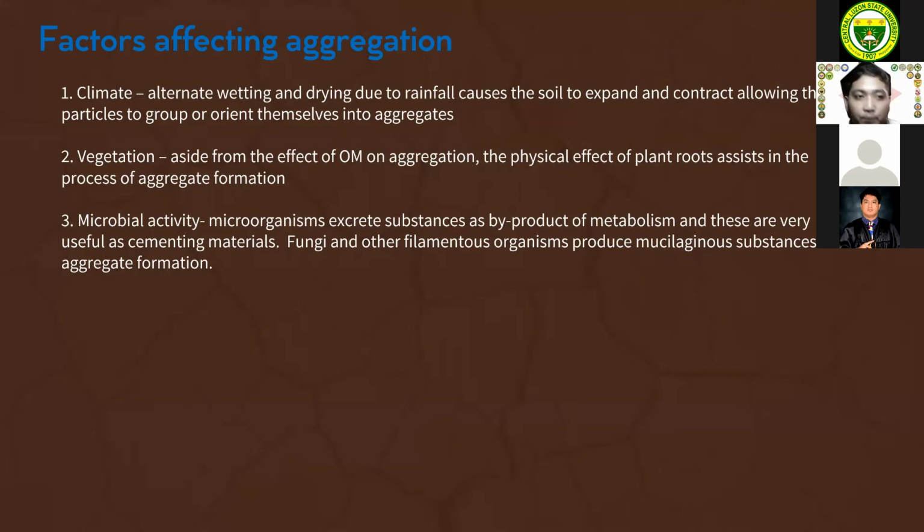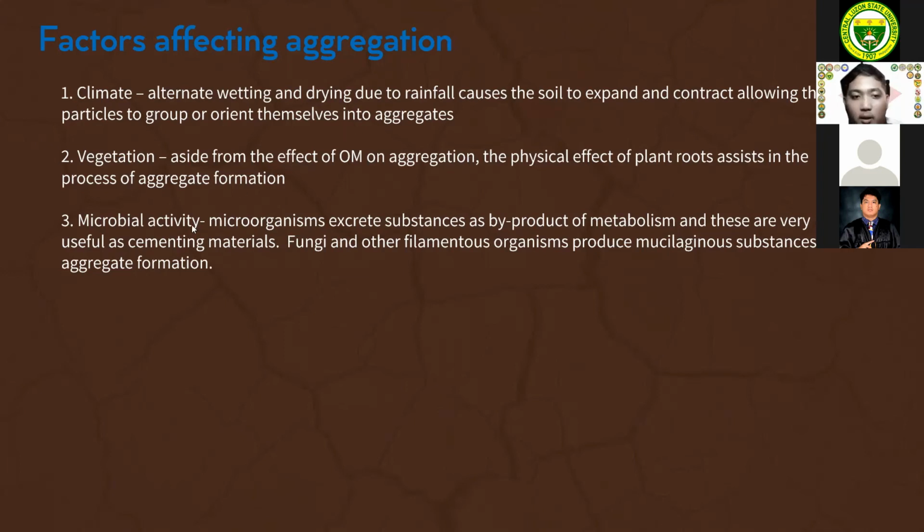Then vegetation. Aside from the effect of organic matter on aggregation, so of course, organic matter is one of the cementing agents sa ating aggregation. The physical effect of plant roots assists in the process of aggregate formation. So, like for example, yung roots natin, they penetrate, so they leave spaces, so that affects the aggregation of the soil. Also, microbial activity.